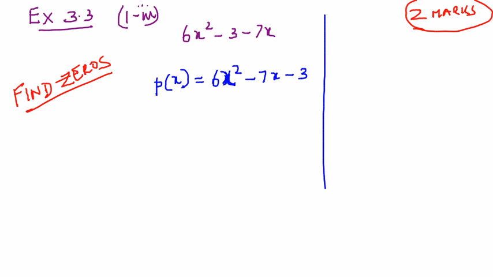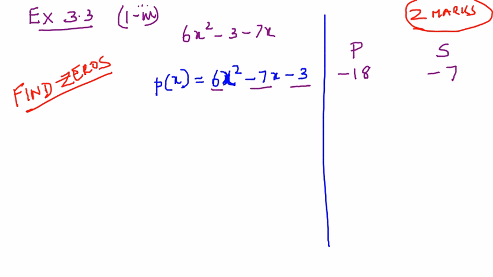So you would have learned the sum and product method of factorization in your earlier classes. So let's do that. Okay, so what is the product? We have to multiply. 6 into minus 3 is minus 18 and sum is nothing but minus 7, right?